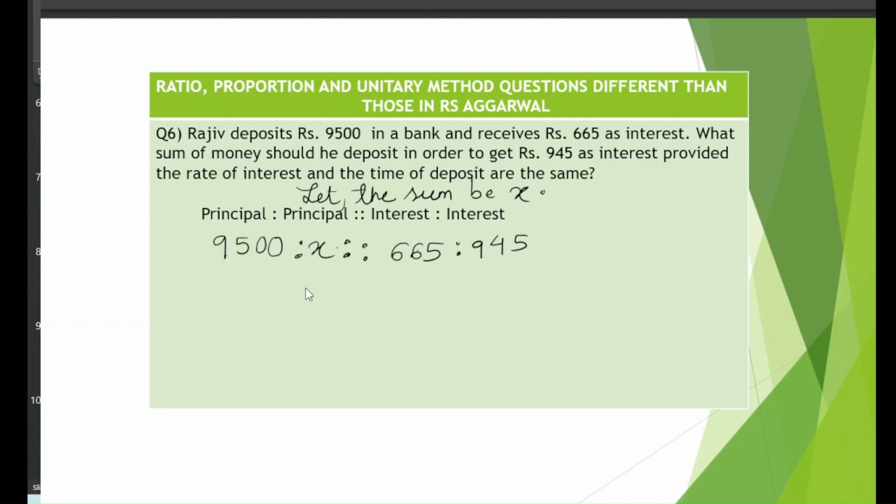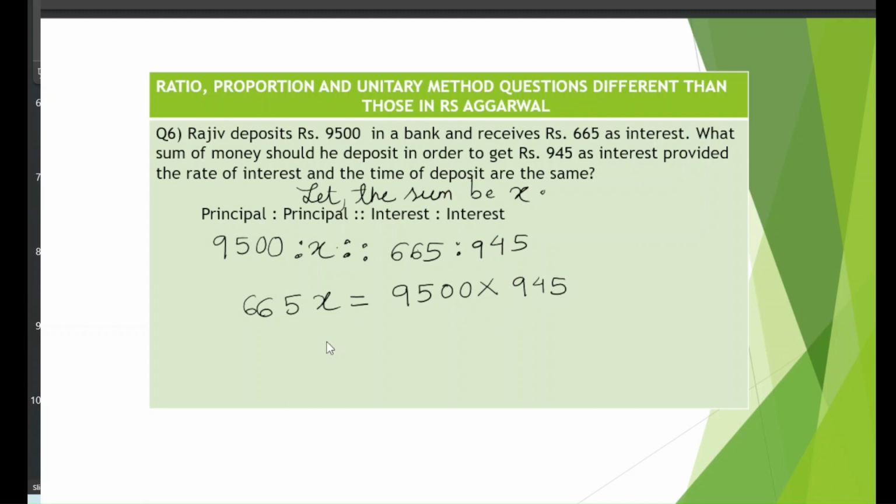It's not varying. Then again, this is very simple now. Just 665 into X, product of means with product of extremes, we need to equate 9,500 into 945, right?